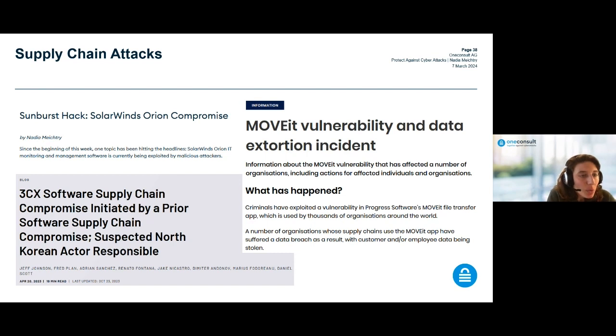That's a so-called supply chain attack. We saw this already in 2020 with the compromise of SolarWinds Orion IT monitoring and management software. That was one of the largest supply chain attacks until now. And last year, we have seen a software supply chain attack on the popular desktop software 3CX. And we also have seen the MOVEit vulnerability incident.